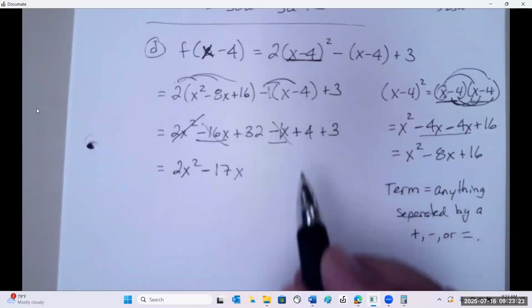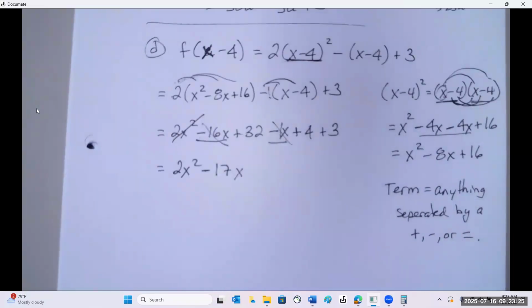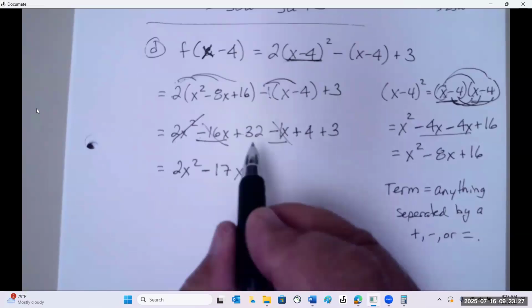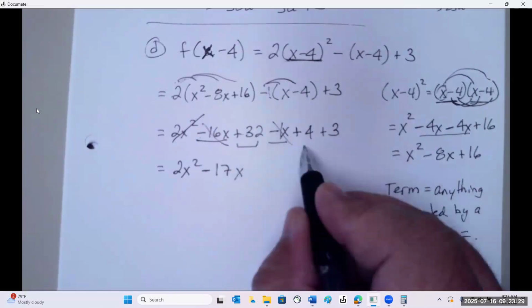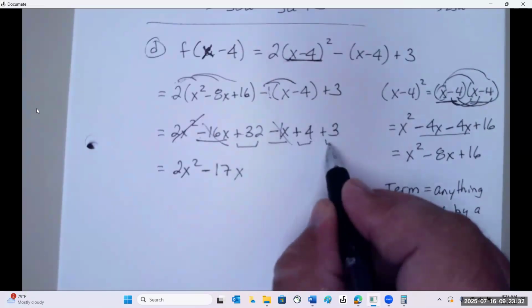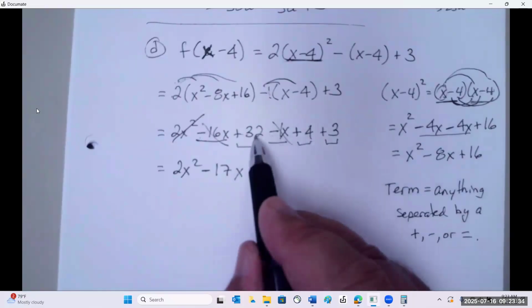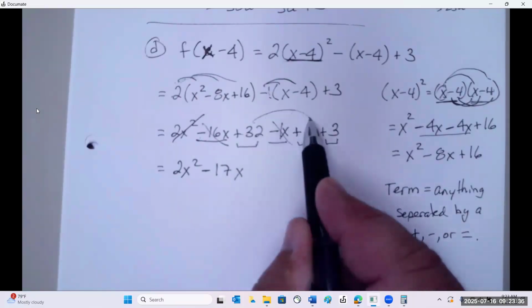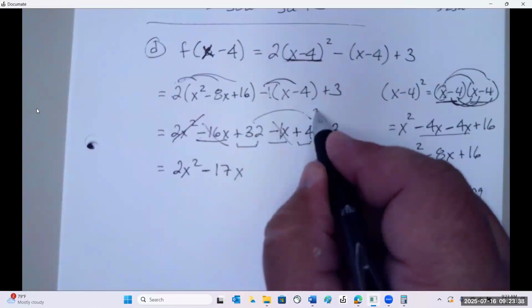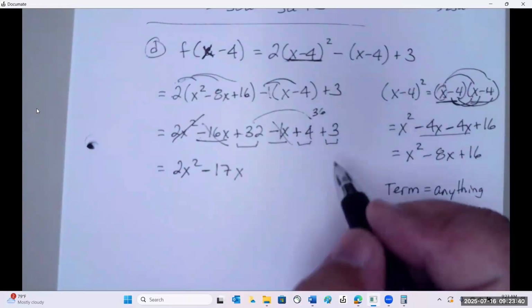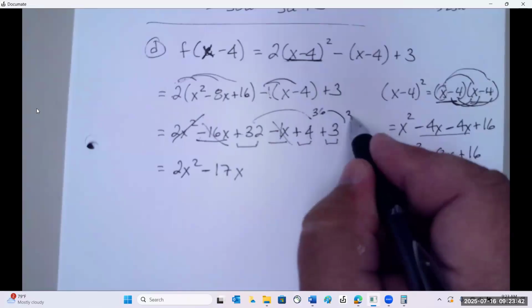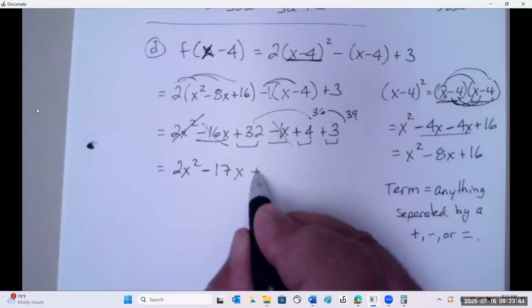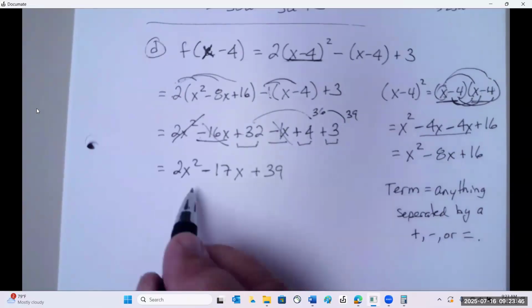So that takes care of both of those. Now all the constant numbers. Here's a positive 32, positive 4, and positive 3. So 32 plus 4 is 36. 36 plus 3 is positive 39. And there's your answer.